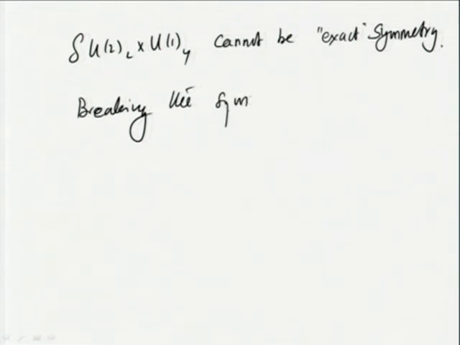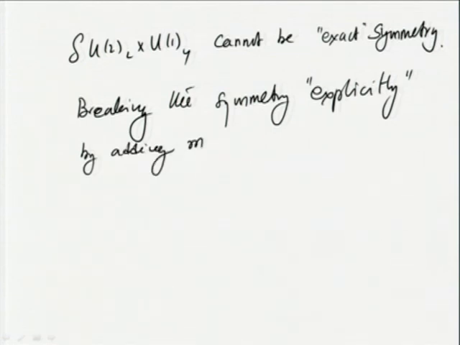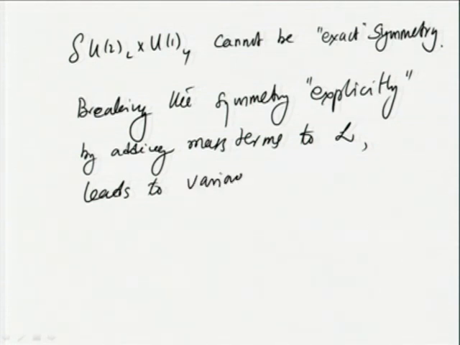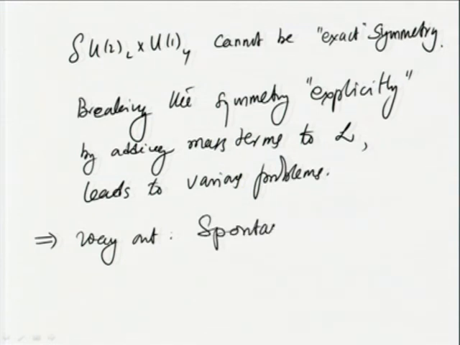By explicit we mean adding mass terms to the Lagrangian. This is not a good idea, because this leads to various problems. Okay. So, in order to avoid all these problems, is there a way out? The way out is what is called spontaneous symmetry breaking.